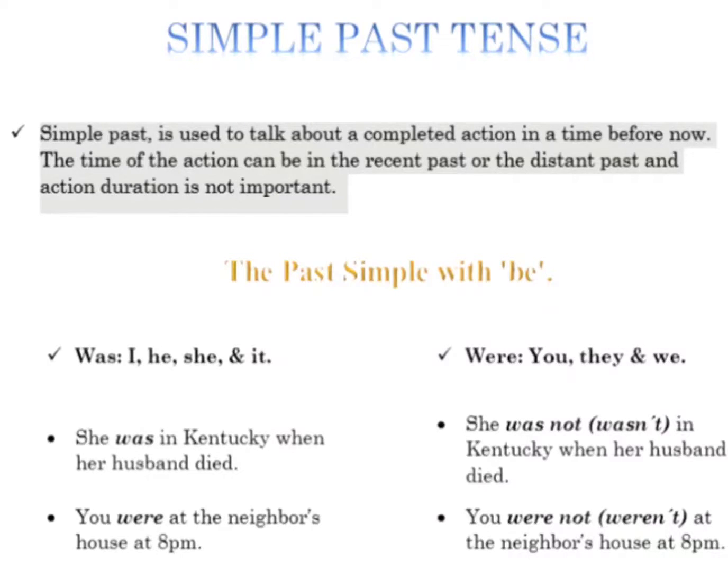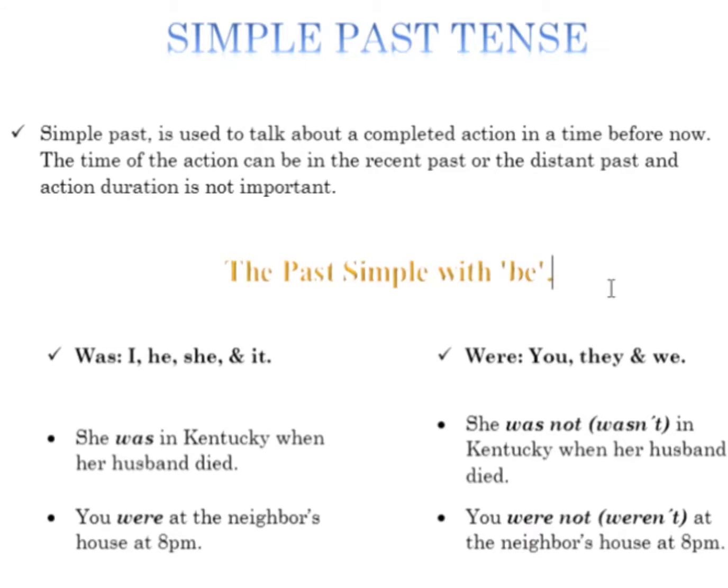Now, first of all, we are going to be studying the past simple with the verb to be. In the simple present tense, we use am, is, and are. In the simple past tense, we are going to be using was and were.